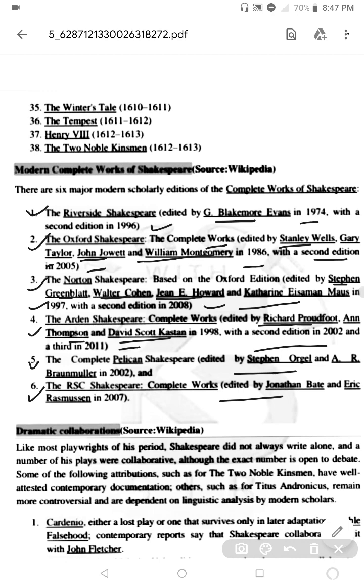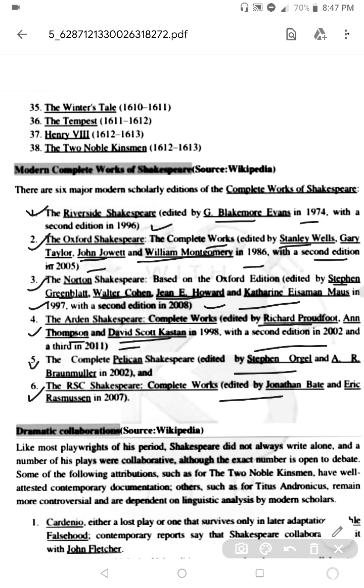So you have to learn only the name of the edition. There is no need to learn who published that edition and what the second edition of that edition is. It's not needed, you just have to learn the name. You have to learn only the name of the edition.